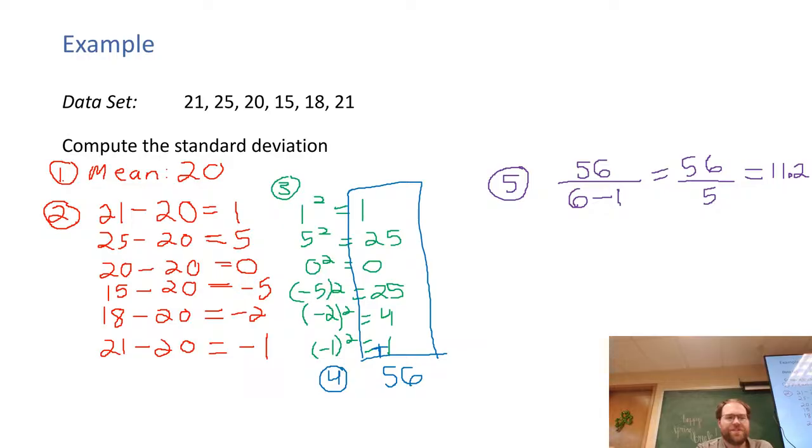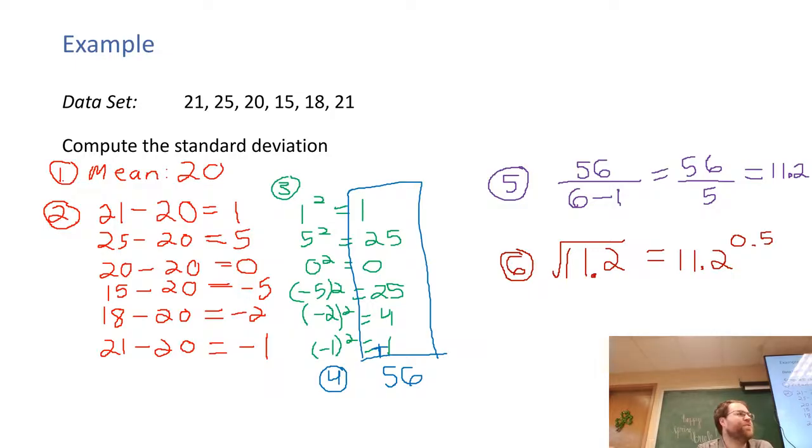Okay, and then the very last step is that we have to do the square root thing. Yep, we're going to take that number that we got and then take the square root of it. If your calculator doesn't have a square root button, you can also put in that number to the 0.5 power.